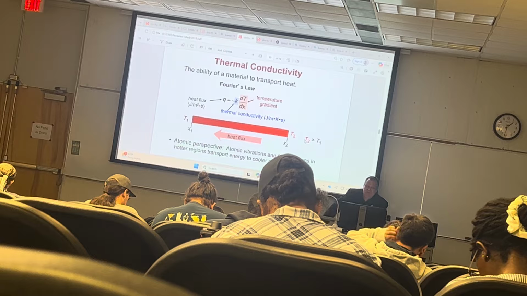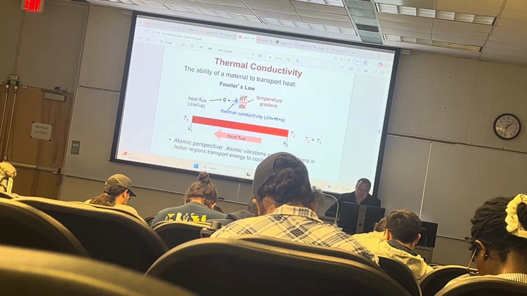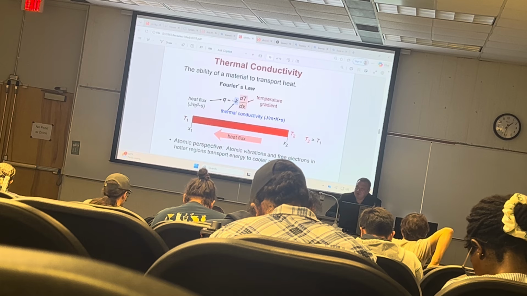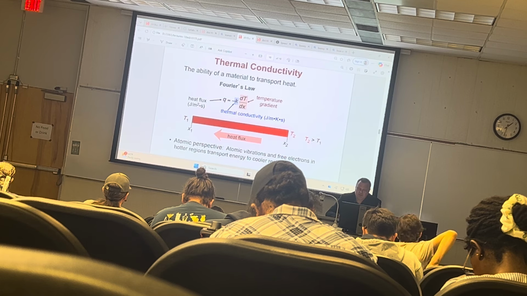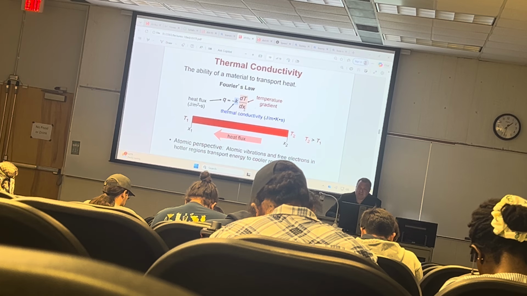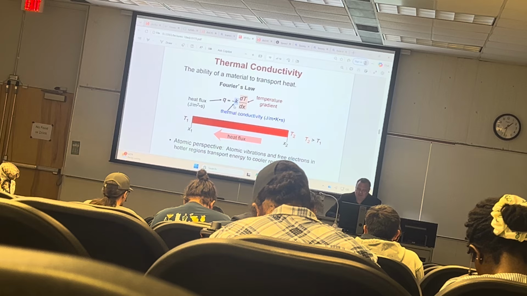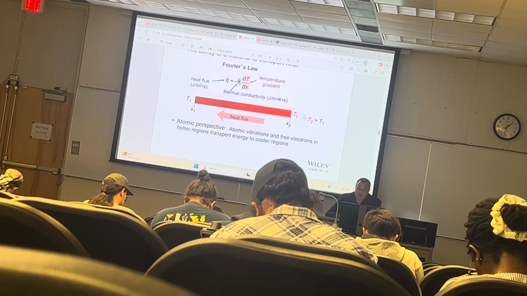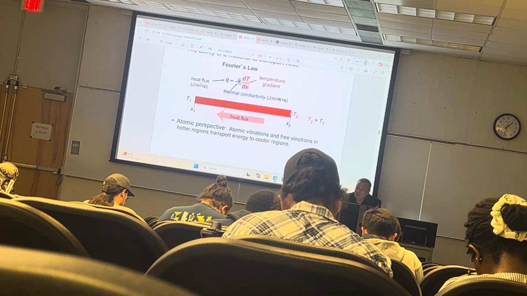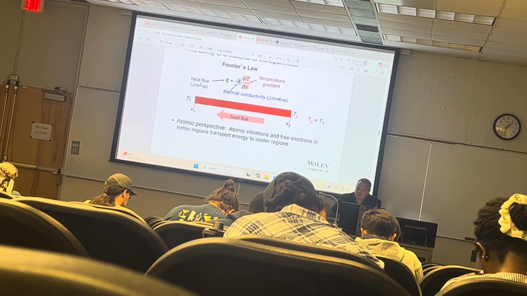Okay? Fourier's law states that the heat flux, Q, which is joules per meter squared per second, is equal to minus K dT/dx. dT/dx is a temperature gradient. K is the thermal conductivity. So one condition for this thing to happen is that there has to be a temperature differential.